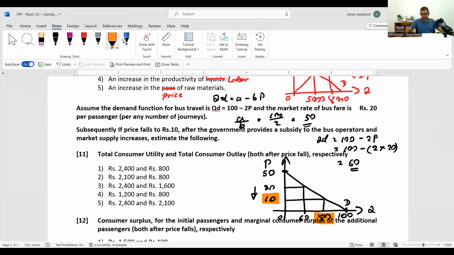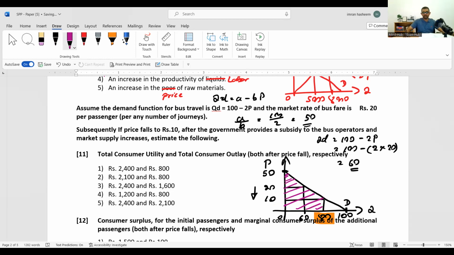Get it? So the area of total utility, I'll use the purple color marker. The area of total utility is this entire trapezium, this entire purple color trapezium.